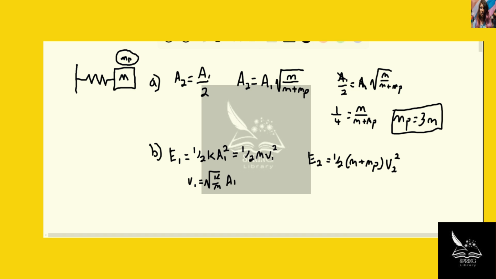In a similar way, we can get an expression for V2 by saying that this is going to be equal to 1/2 K A2 squared, because that spring constant isn't going to change. So from here we can get V2 is going to be equal to the square root of K divided by M plus MP times A2, which we know A2 is going to be A1 over 2. So we're going to just call that A1 over 2. Simplify things for a little bit for later.